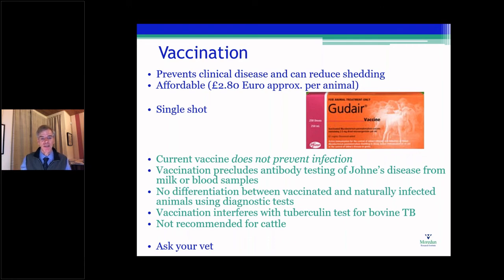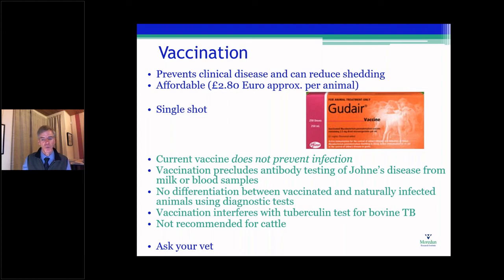So as I was saying, it doesn't prevent infection, but it certainly can reduce it a bit and reduces the symptoms. But it does also mean that you cannot use the antibody tests for Johne's disease because they will become positive with this particular vaccine. So you cannot tell the difference between the vaccinated and the naturally infected animals using these diagnostic tests.